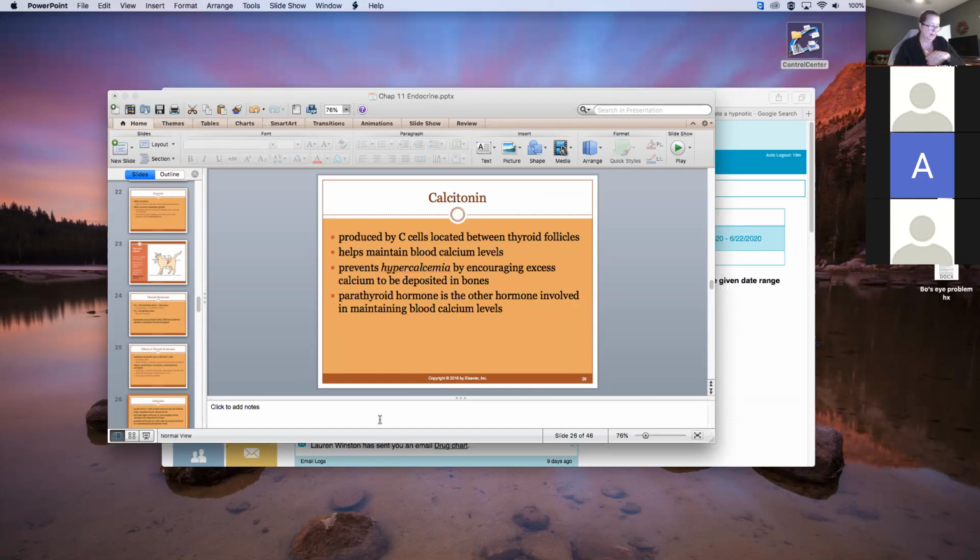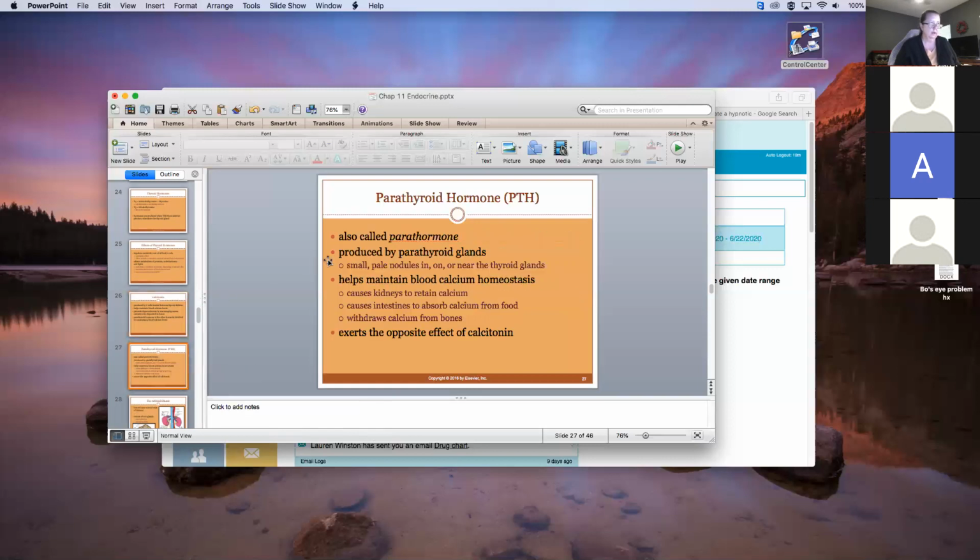On the flip side of that, next to this, I have parathyroid hormone. Now there are parathyroid glands. So parathyroid hormone, or PTH, is not produced in the thyroid. It's paired next to the thyroid, but it does the opposite.